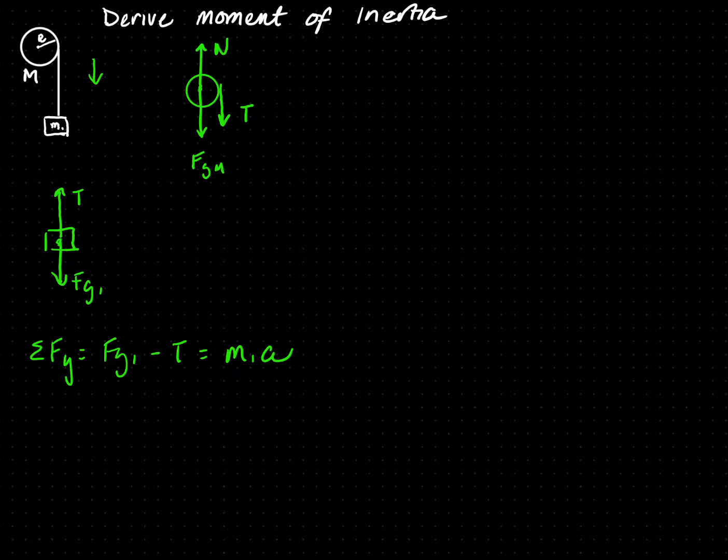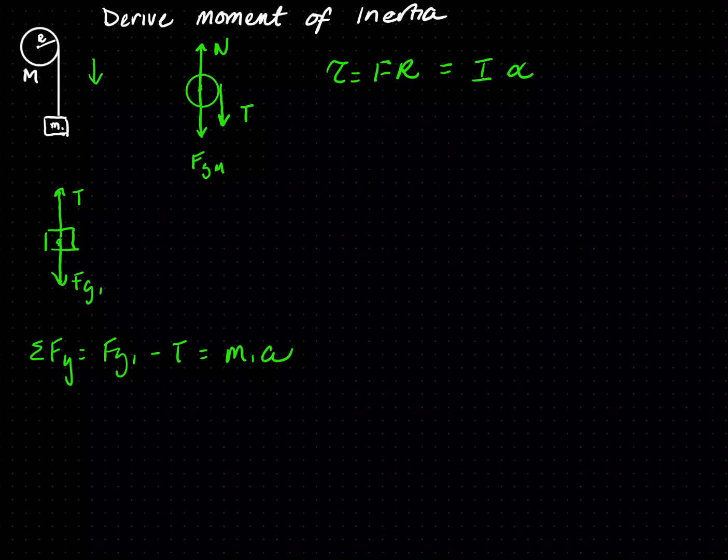So if I write my torque equation, and I have to write a torque equation here because the pulley is rotating, torque we know is equal to force perpendicular to the radius from the pivot point. This is also equal to the moment of inertia times alpha.